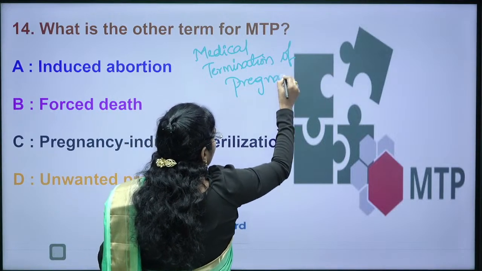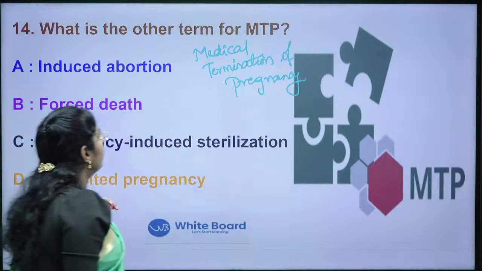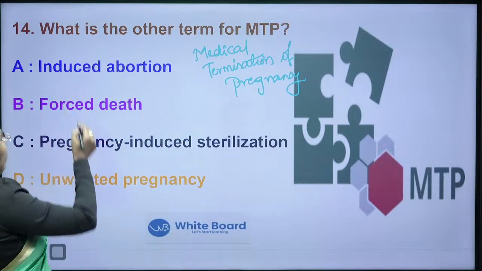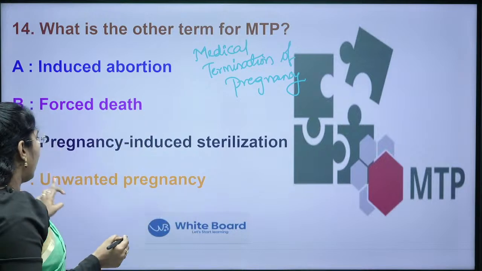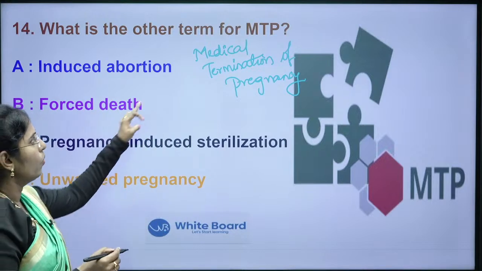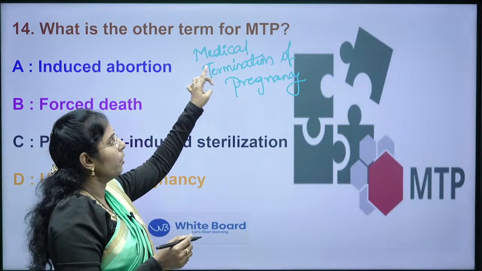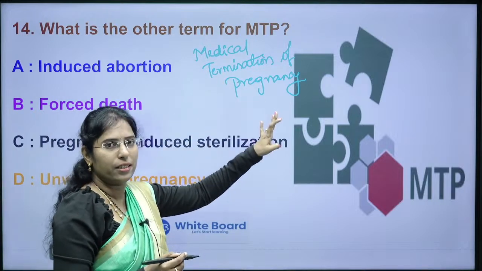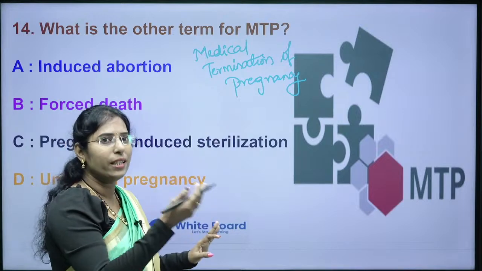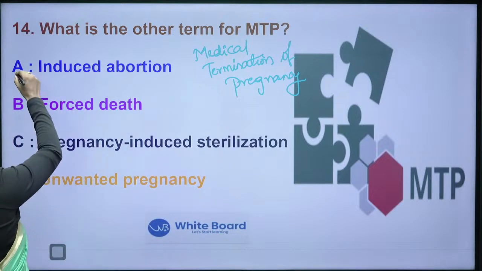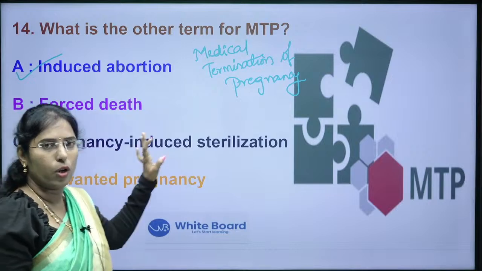What are the four options they have given here? Induced abortion, forced death, pregnancy induced sterilization, unwanted pregnancy. What does MTP stand for? Medical termination of pregnancy. Here we are terminating the pregnancy, meaning inducing abortion. So the correct answer will be induced abortion.